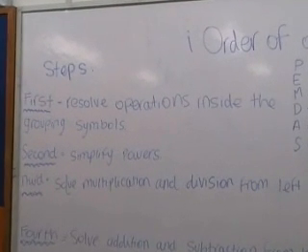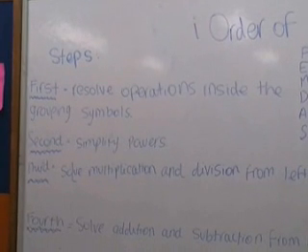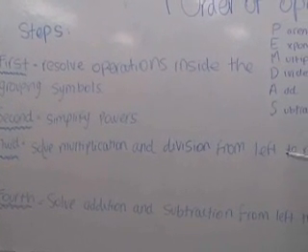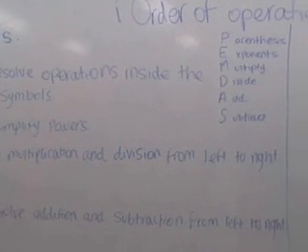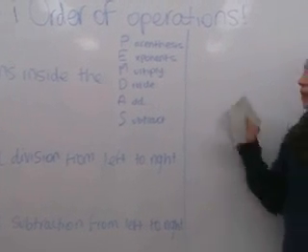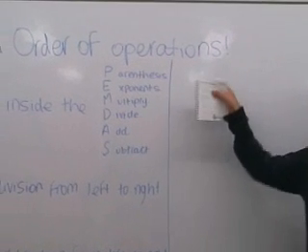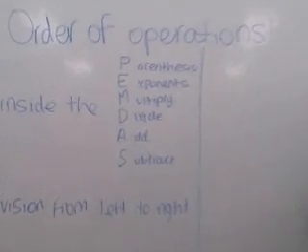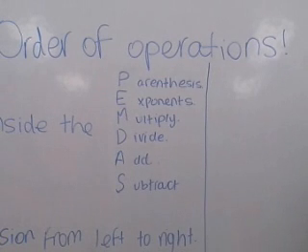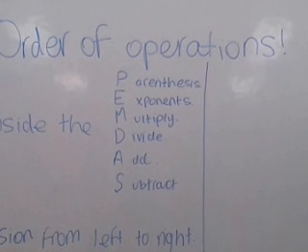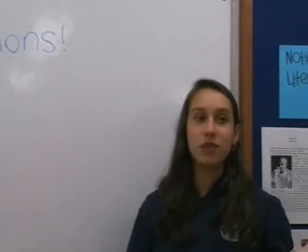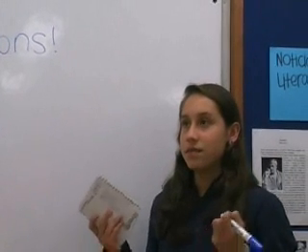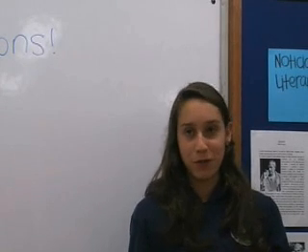And third, you solve multiplication and division from left to right, and addition and subtraction from left to right. You can use PEMDAS to solve them. That is, parentheses, exponents, multiply, divide, add, and finally you subtract. So, the algebra of operations tells you what operation you have to perform first.